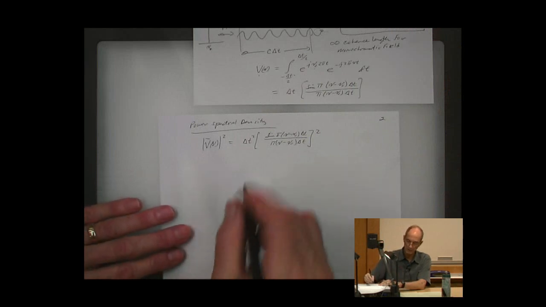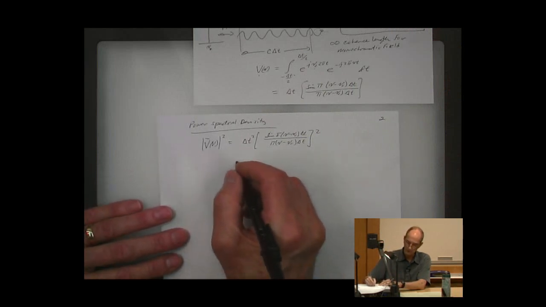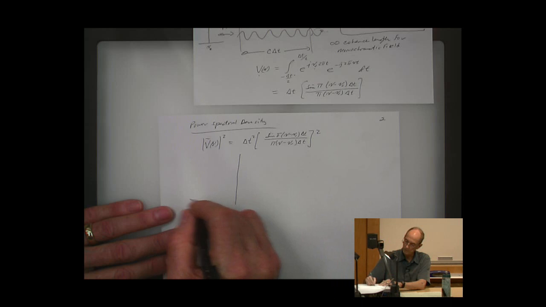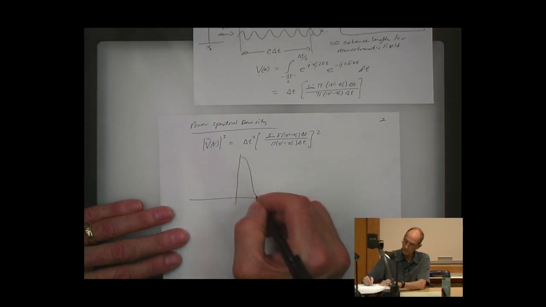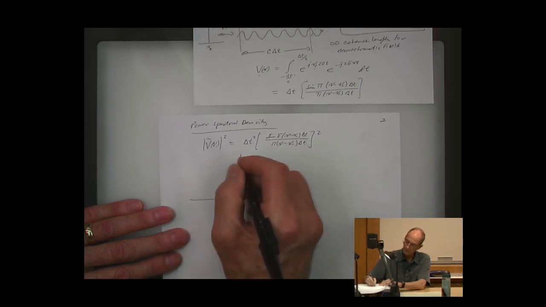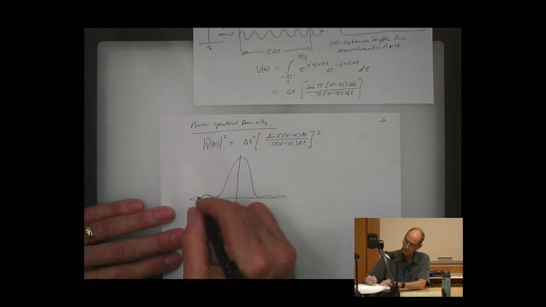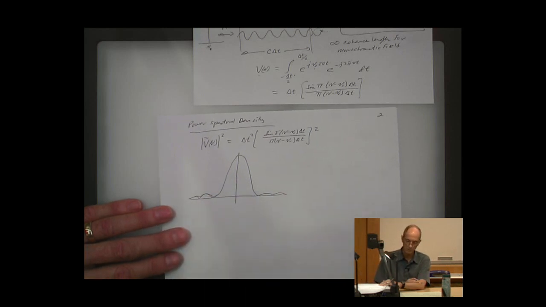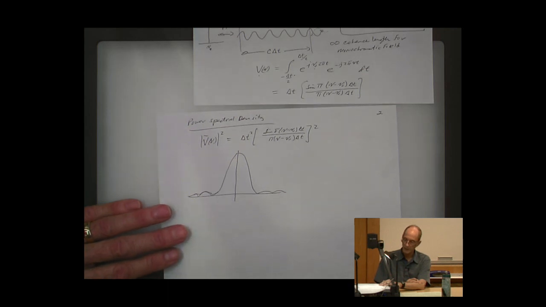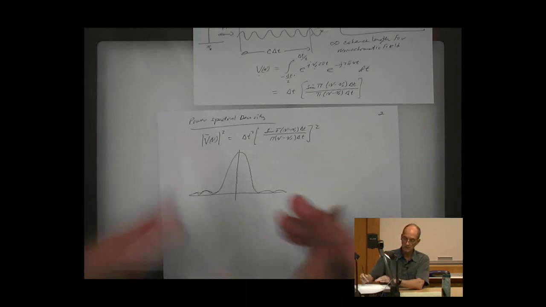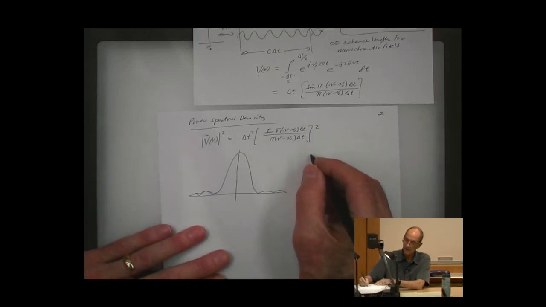So the power spectral density is a sinc squared function, the sinc squared function that we looked at earlier from diffraction analysis. The width of this is related, through this Fourier transform notion, to the coherence length.